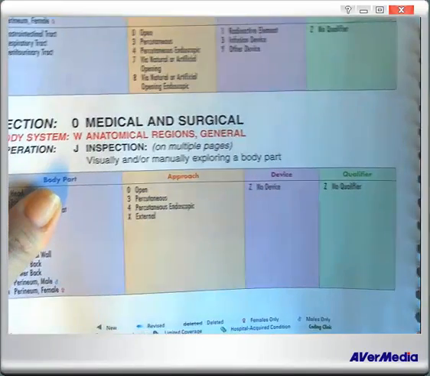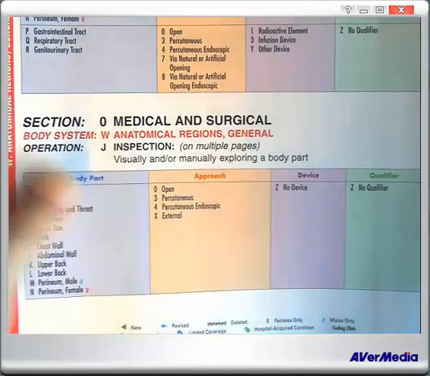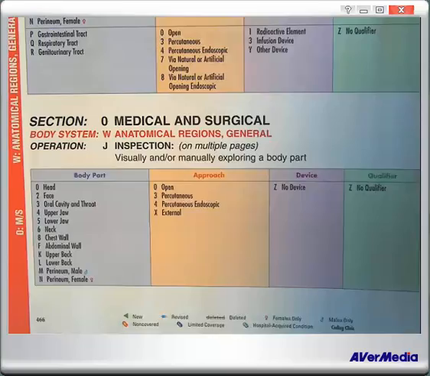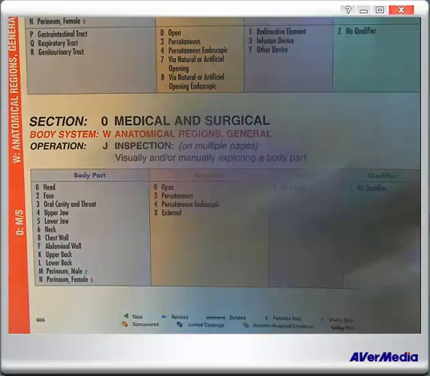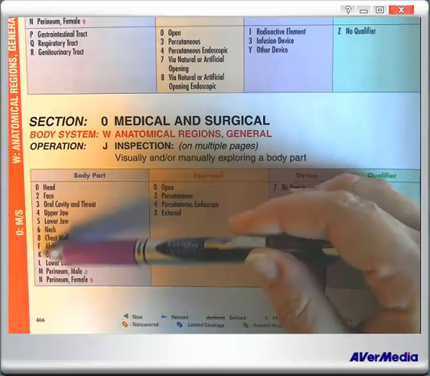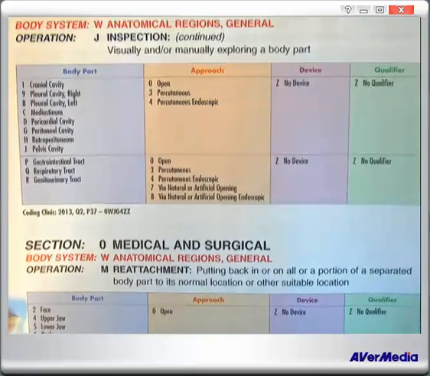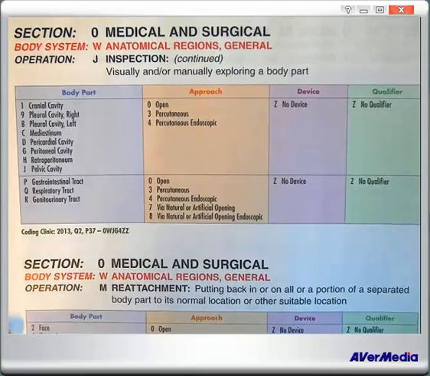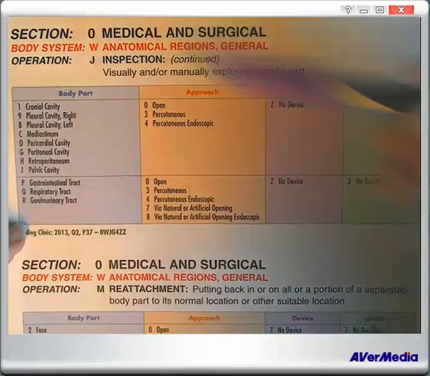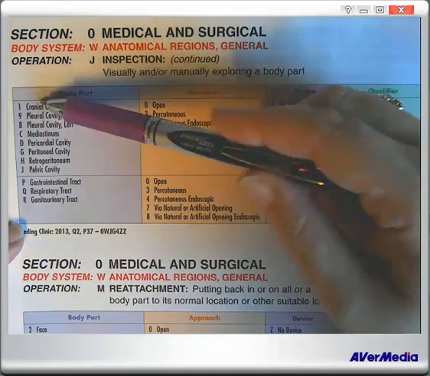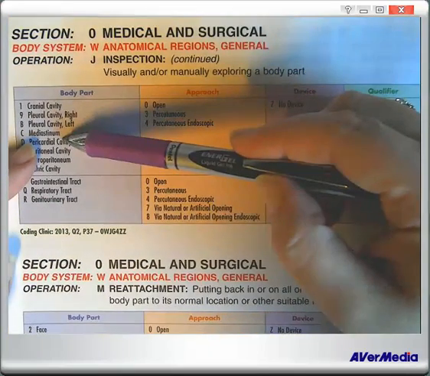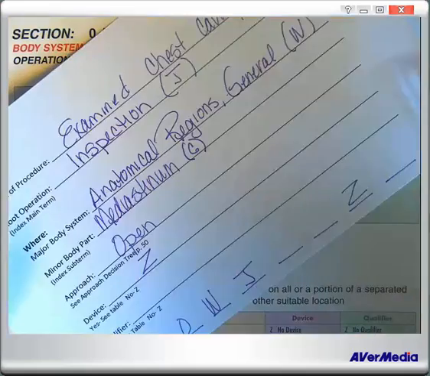So that means that we have to start over here on the bottom of the page prior. Okay. And look for what we want. And we want 0WJC. So if I look here, we don't have JC. So let's go to the next page. And here we have 0WJC, mediastinum. Okay, so we know that it is C for sure.